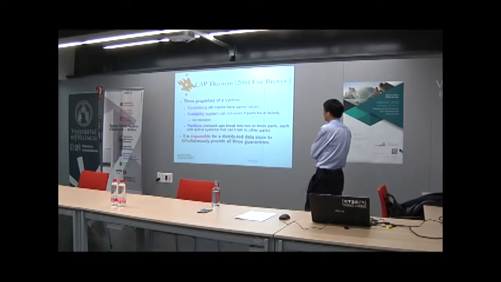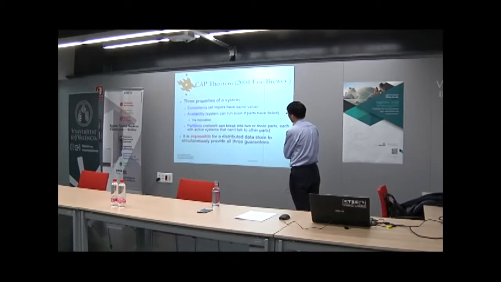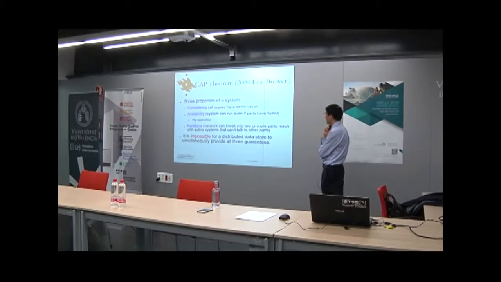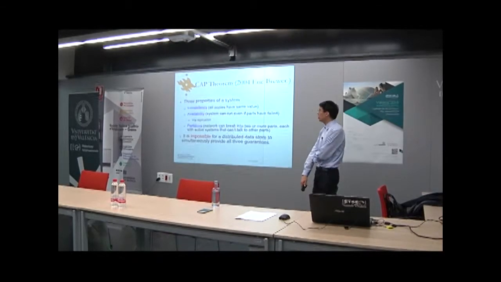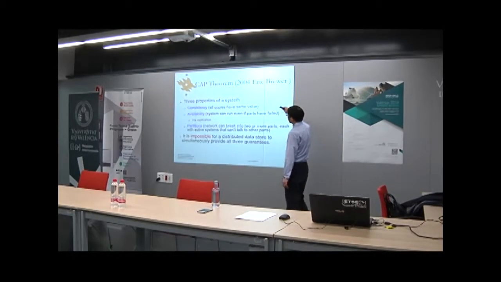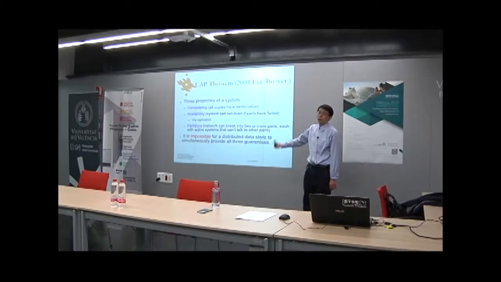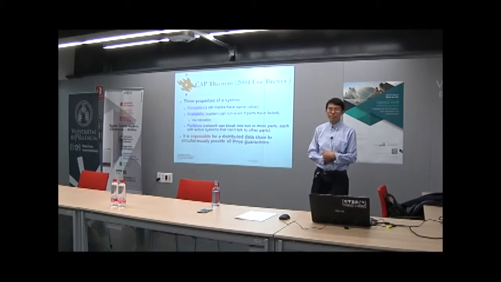Then the CAP theorem proves that it is impossible for a distributed data store to simultaneously provide all three of the guarantees. This means it is impossible to support all three properties in a single distributed system. This is the main idea of the CAP theorem.